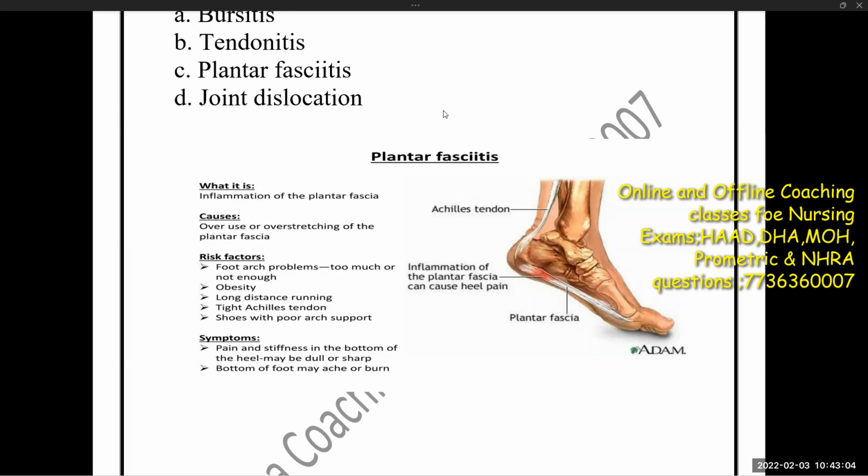Main risk factors for plantar fasciitis are foot arch problem, obesity, long distance running, tight Achilles tendon, and shoes with poor arch support. So these are the risk factors and the signs and symptoms, which include pain and stiffness in the bottom of the heel.